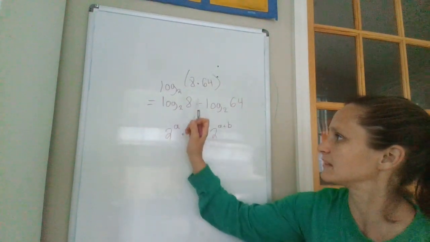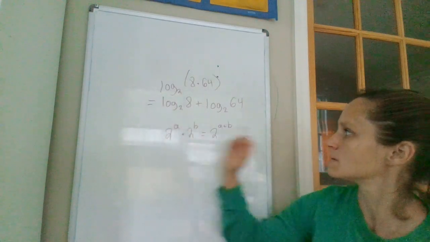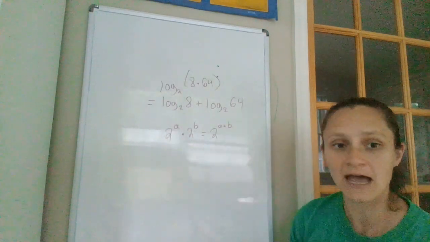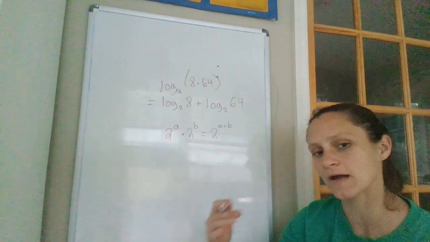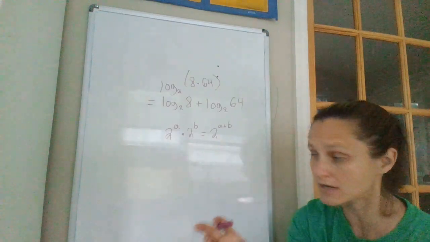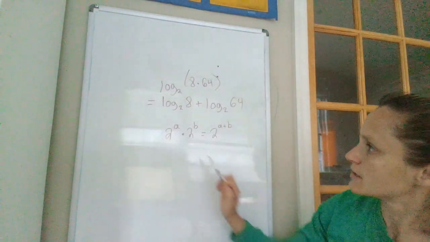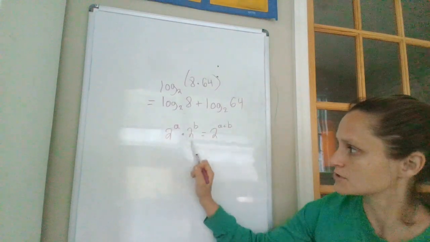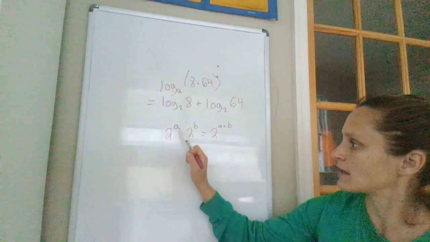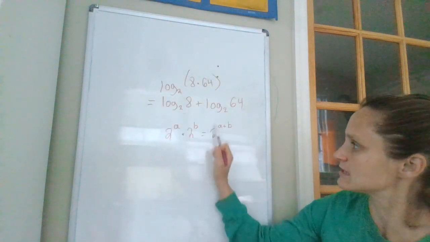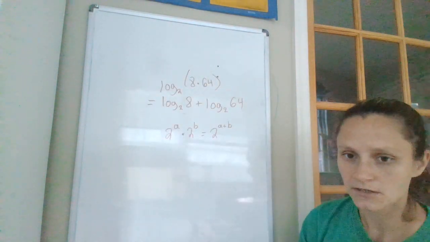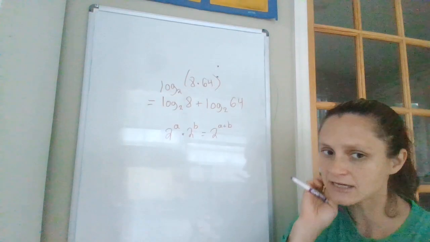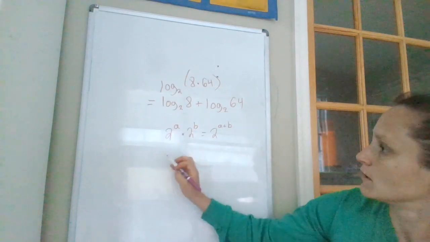Okay, so we can see here if these logs are representing exponents, because it's another way of actually writing the exponent, then this works. Because we're saying, okay, if that base is 2, just like in here, then the multiplication turns into addition. Okay, so it's related to that exponential law.